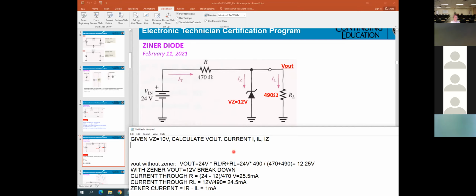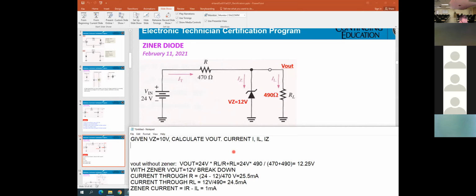Okay, what can we do? So now, normally, when you get a Zener, you have to suppose you remove the Zener and calculate the VR without Zener. And we already did it. Without Zener, VR equals 12.25.